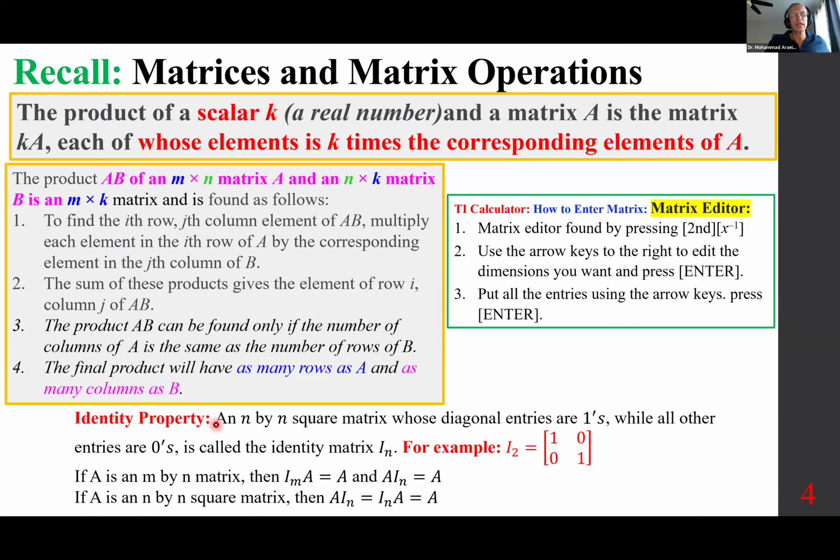Identity property: an n by n square matrix whose diagonal entries are ones, while all other entries are zeros, is called an identity matrix. This is, for example, the identity matrix of 2 by 2.